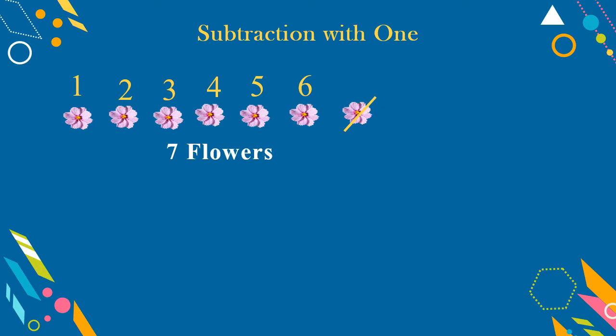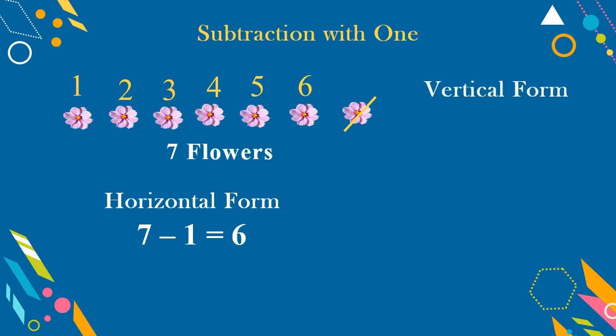There are 6 flowers, so we are left with 6 flowers. And we can write this question like this: 7 minus 1 equals 6. This is the horizontal form of the question. And in vertical form, we can write it like this.